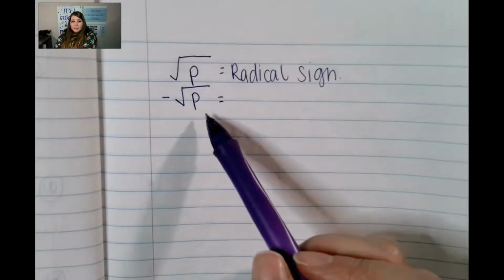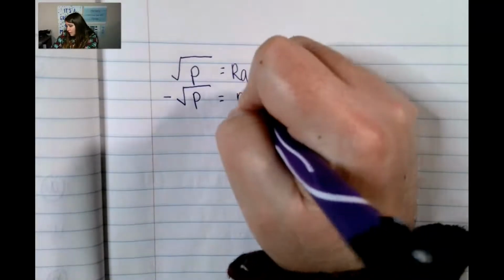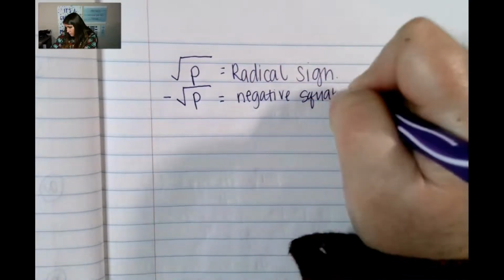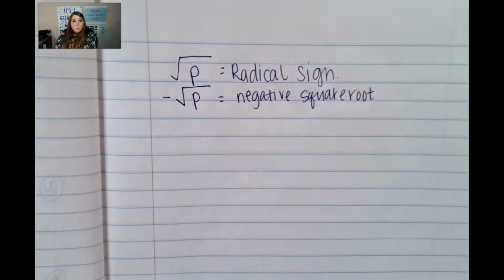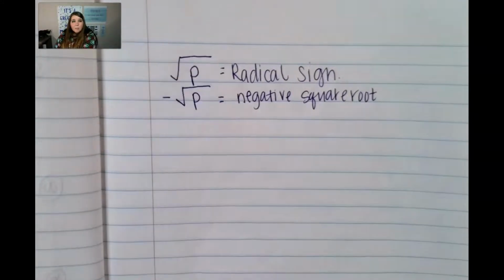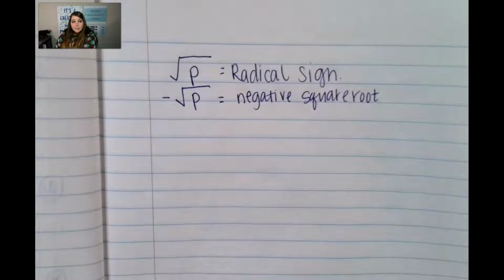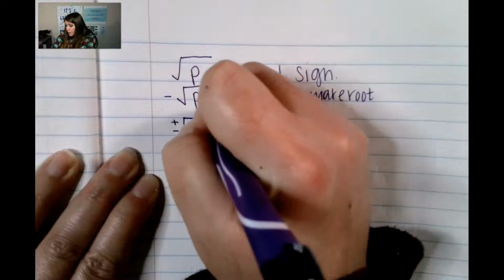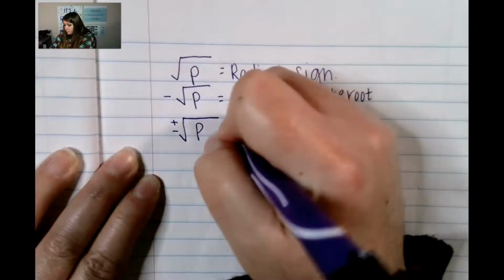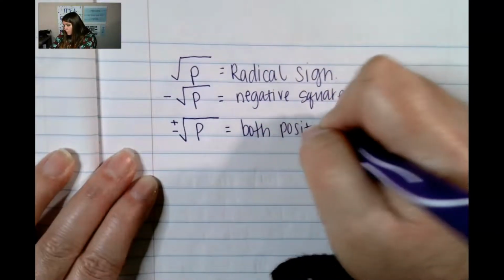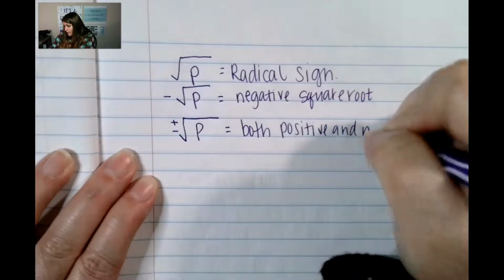However, if we want a negative square root, we would put the negative sign on the outside. If we want a positive, we would just leave it like this. But if we want both, either positive or negative, we're going to put both symbols on the outside of our radical sign. So this represents both positive and negative square roots.